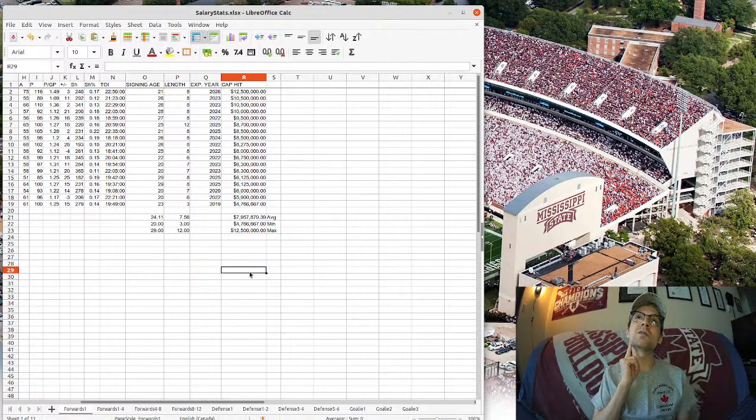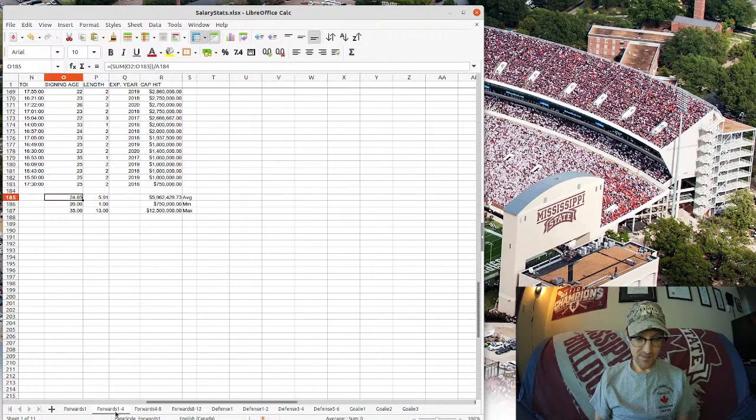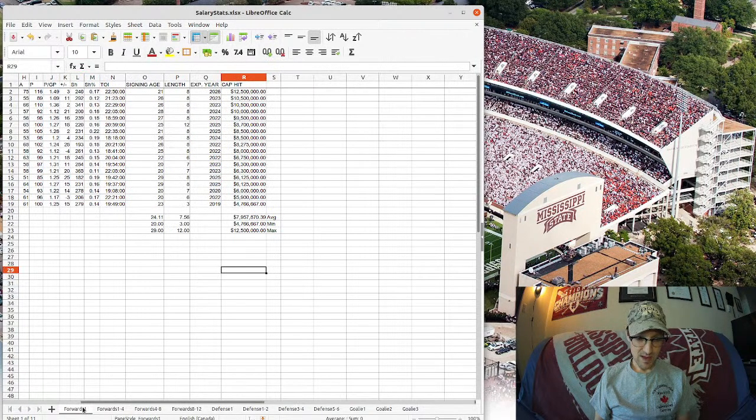So I'll do forwards, defense, and then all players combined. I guess we'll do that. Should I combine those first? I might as well, I guess.